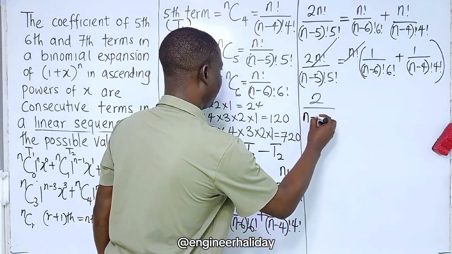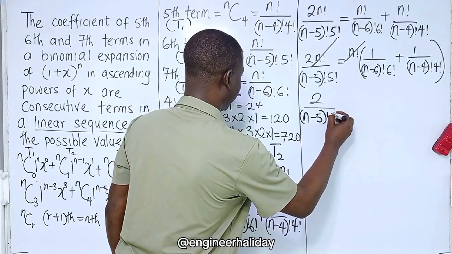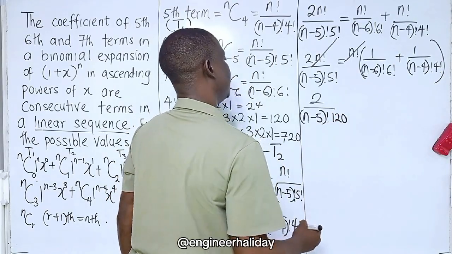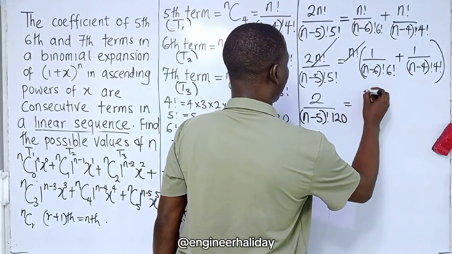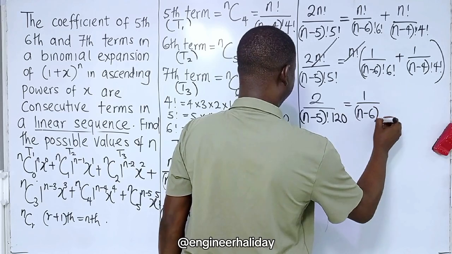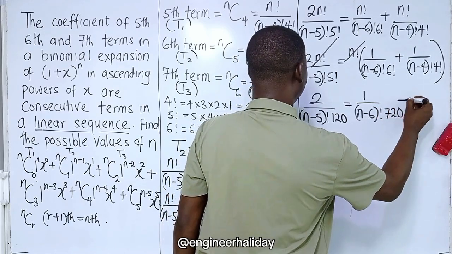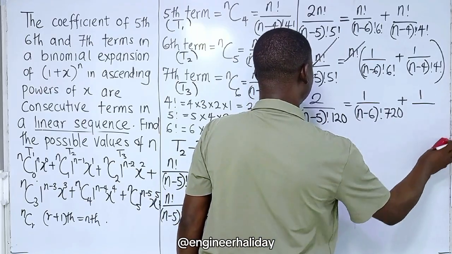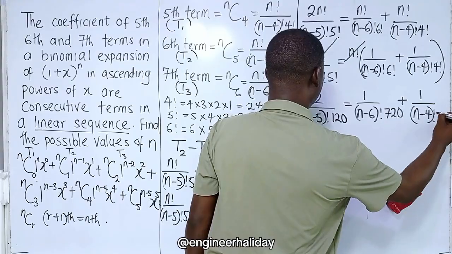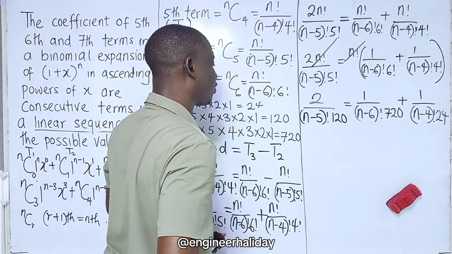So I would have (n minus 5) factorial, 120, is equal to 1 over (n minus 6) factorial, 720, plus 1 over (n minus 4) factorial, 24.